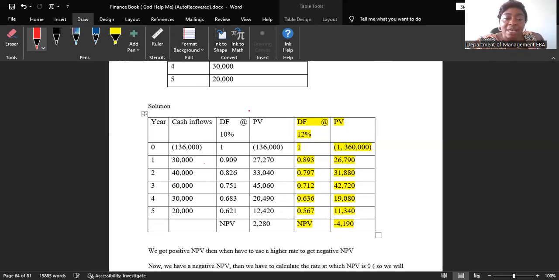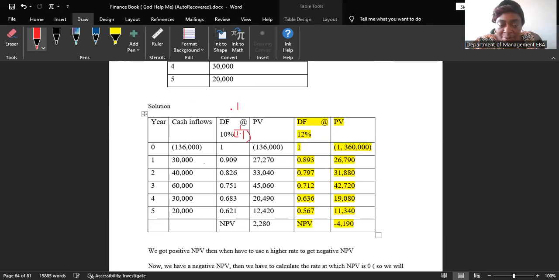Now, I told you, if it's 10%, then our discounting factor will be 1 over (1 plus R) raised to the power n, right? R is 10%, which is 0.1.